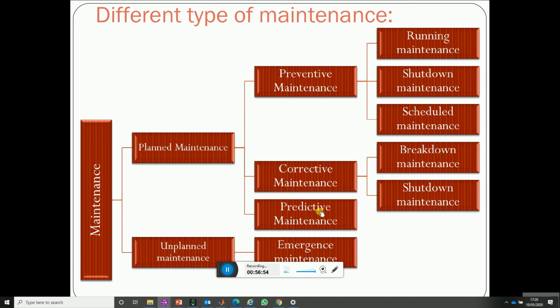Here basically what we're saying is we examine the subsystem component in real time.